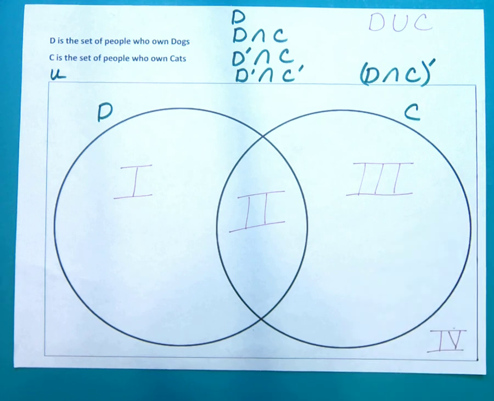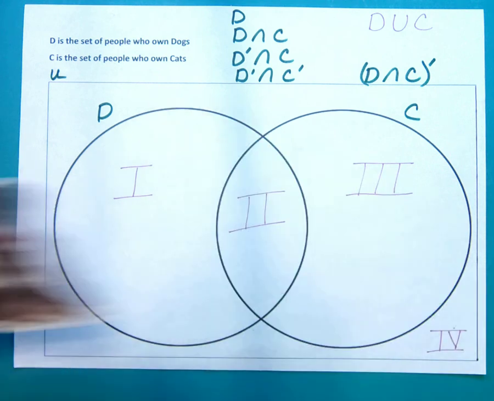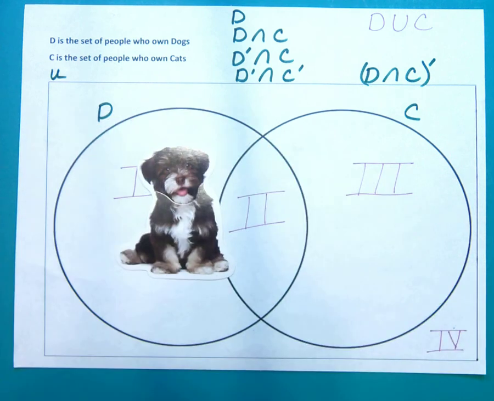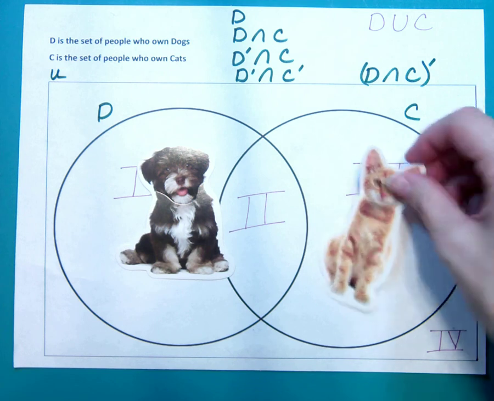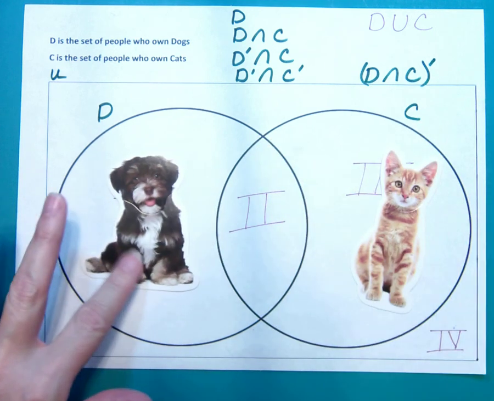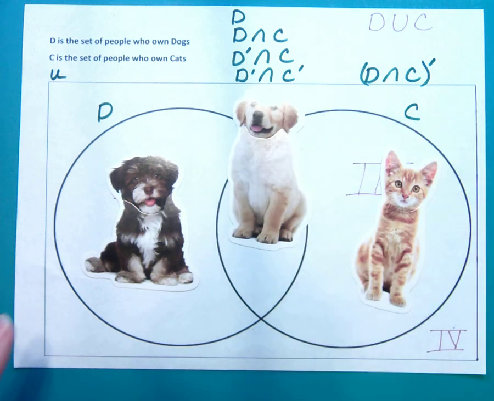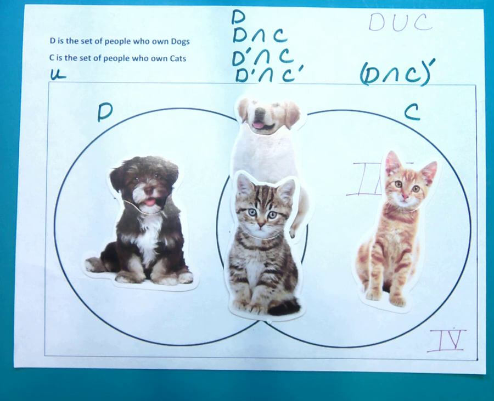Now, let's think of here, anywhere in this circle, would be the people who own dogs. Now, in the circle on the right, we would have any people who own cats. The intersection of this circle would be all the people who own dogs and cats. Isn't that cute?